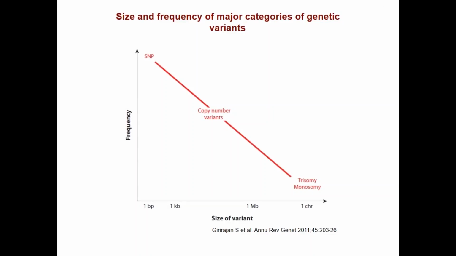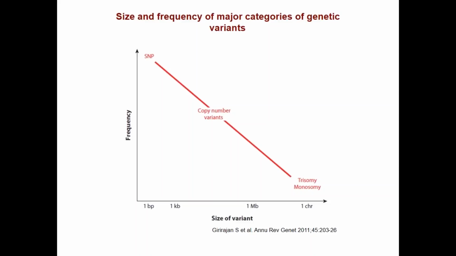On the other end, you have big chromosomal rearrangements, a whole chromosome loss or gain, or a whole chromosome arm loss or gain. These are relatively rare, but their effect on the phenotype is so drastic, giving genetic disease. And between this end and that end lies the copy number variants.